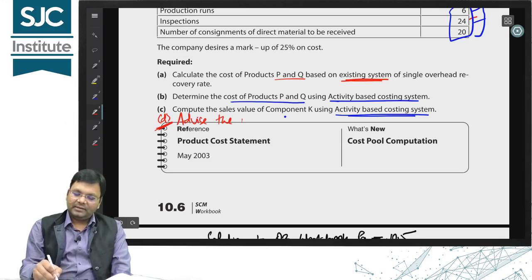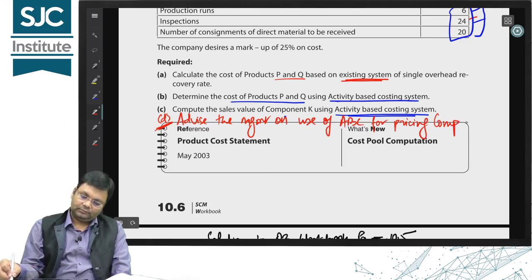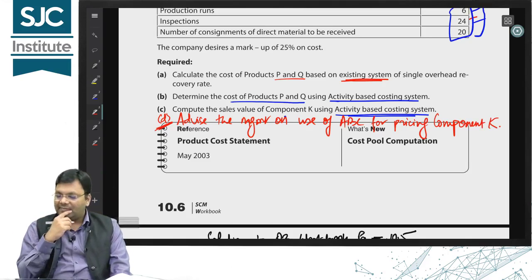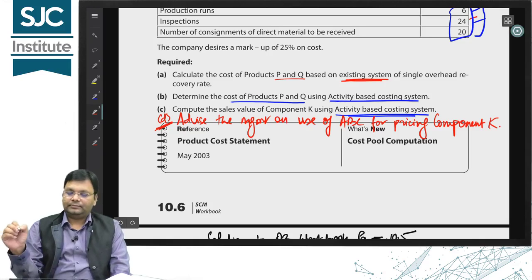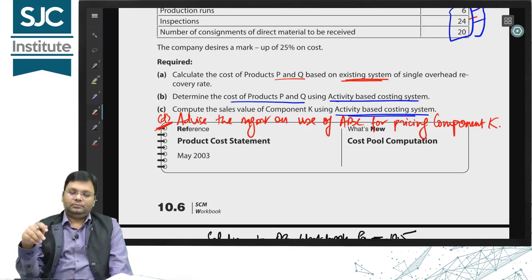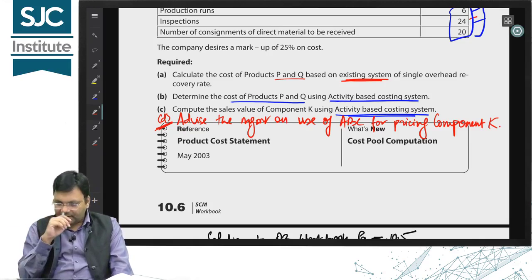Advise the management on use of ABC for pricing component K.